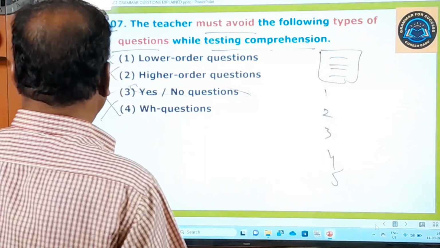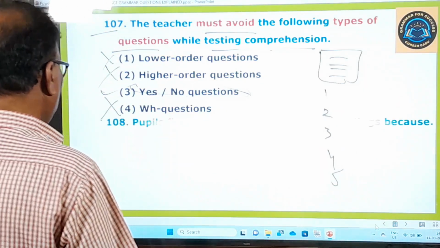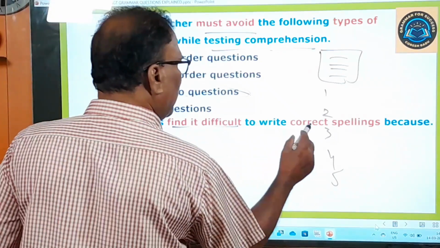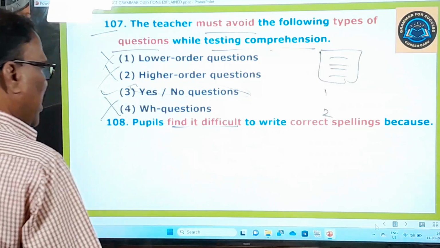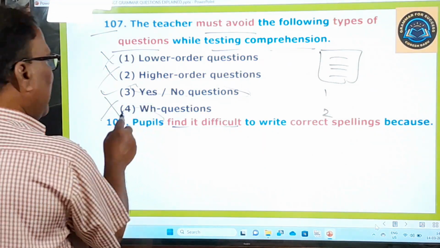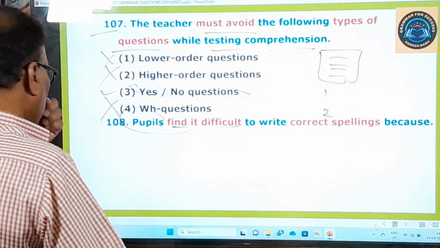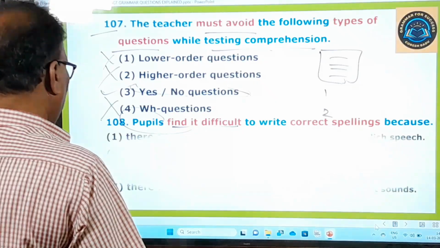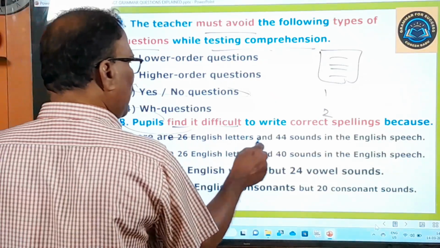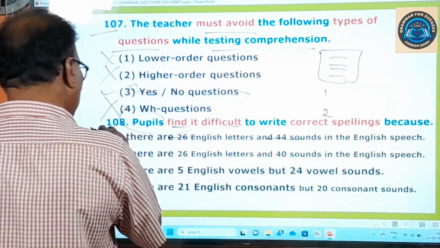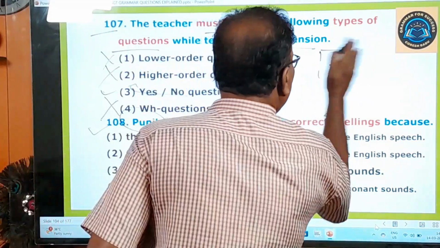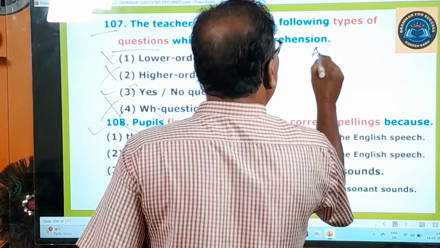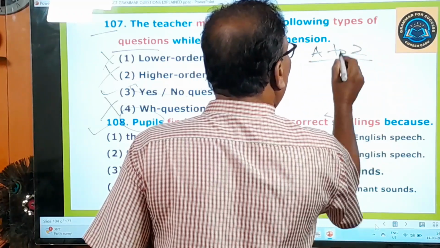The 107th question. Let's go to the next question. Pupils find it difficult to write correct spelling because, okay, why do pupils find it difficult to write correct spellings? There are 26 English letters and 44 sounds in the English language. That is the reason. We have only 26 letters, A to Z. These are called letters.